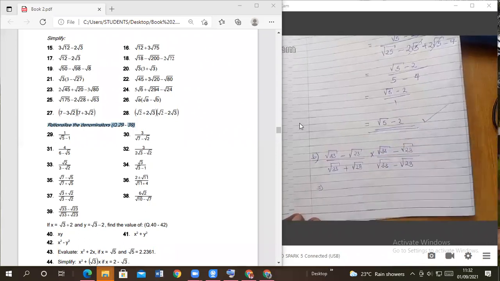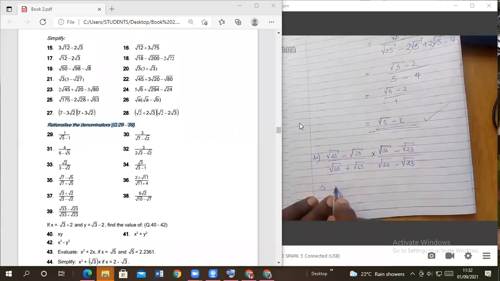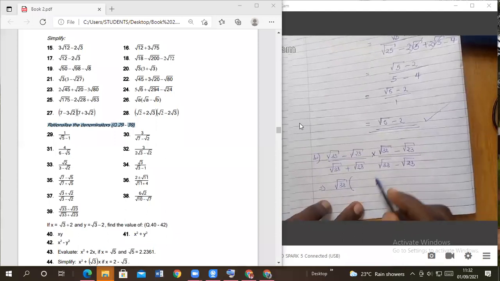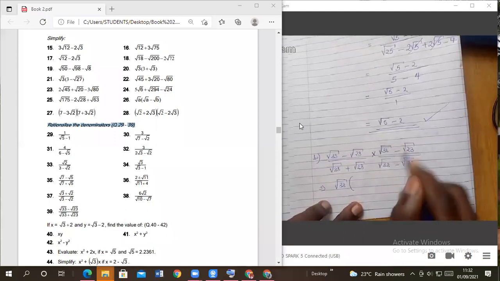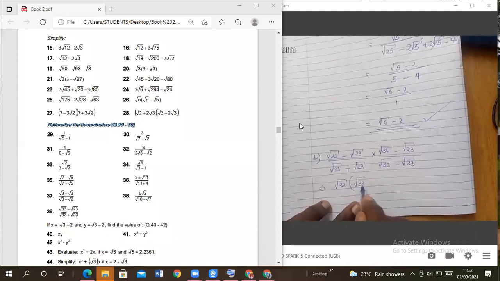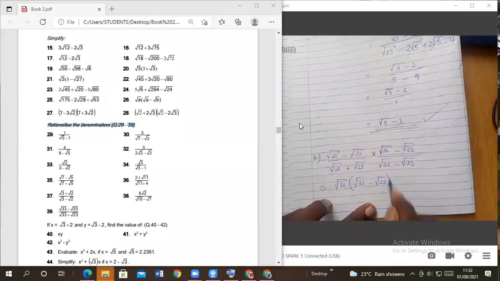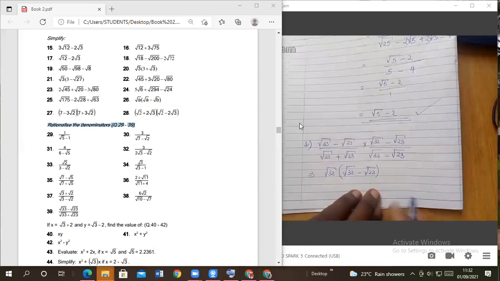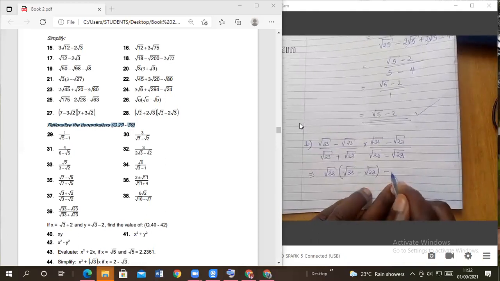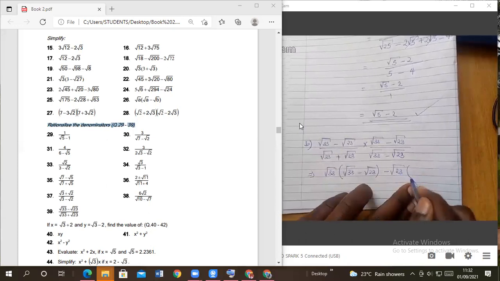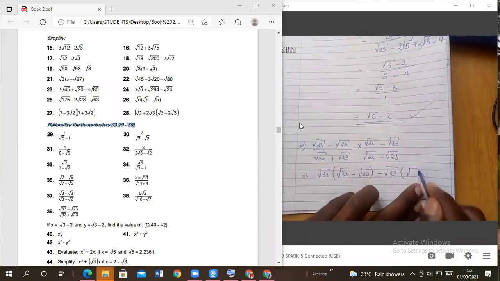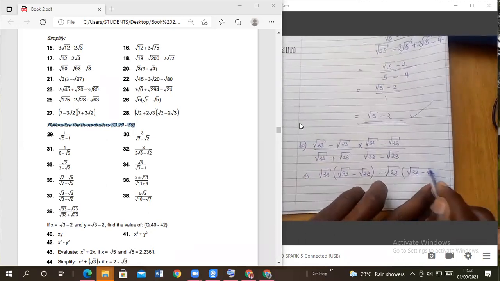This is multiplying that. So we shall have root of 33 into root of 33 minus root of 23, not so? Minus root of 23 into root of 33 minus root of 23.